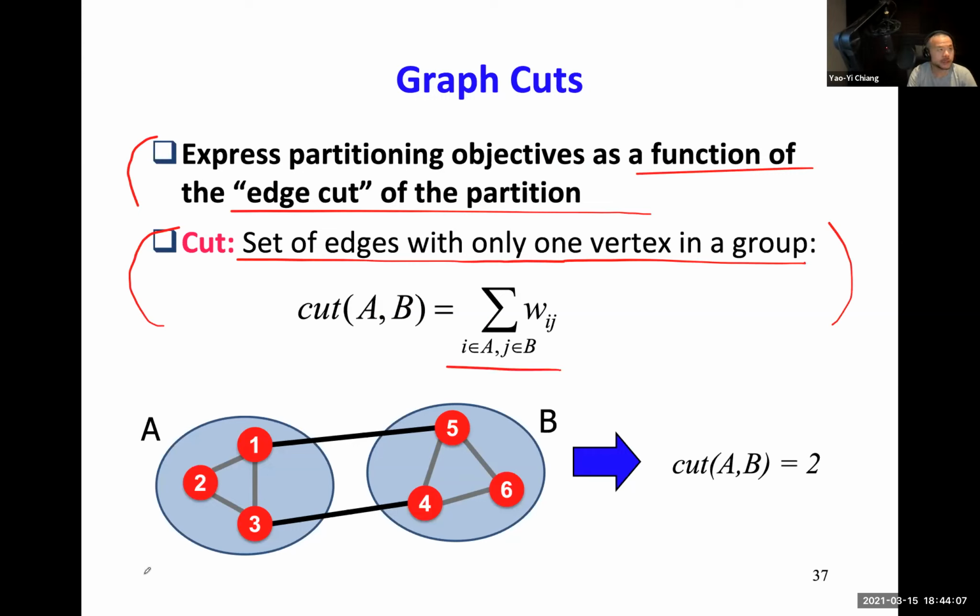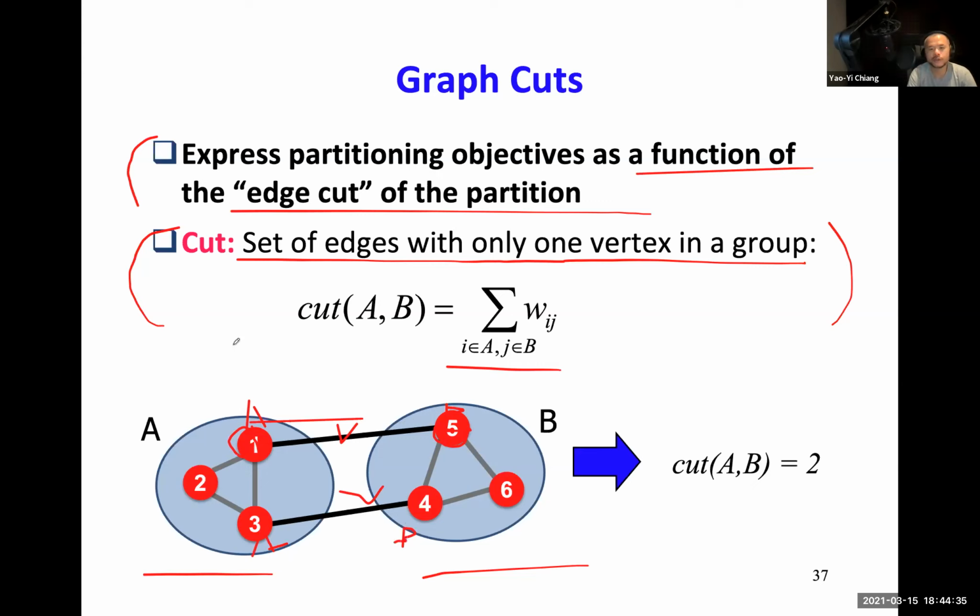If we say in this partition, we have A community, we have B community, what are the edges? What edge has how many nodes? Two nodes, right? What are the edges that have the two nodes in different communities? Well, that'll be this edge because this is in A, this is in B. It'll be this edge because this is in A, this is in B.